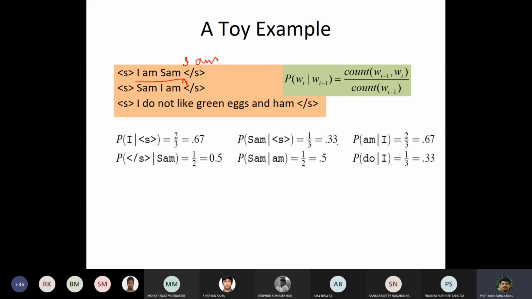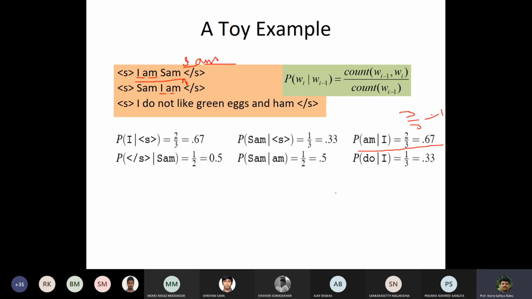This is what you are trying to do: I followed by am. Now it means how many times it has occurred: I followed by am, I followed by am, I followed by am. In this case it is 3 by 3, so it is equal to 1. You need to get 1.